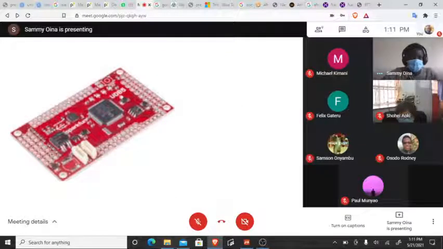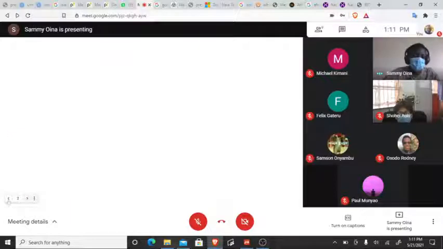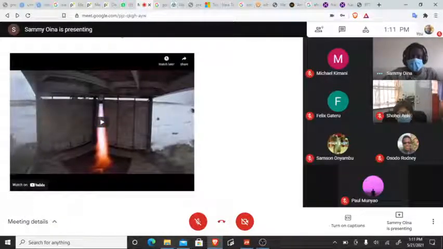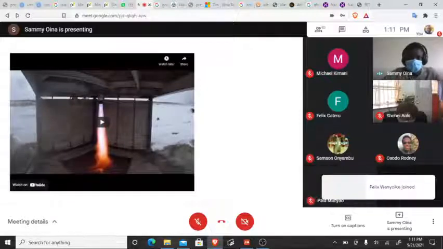Okay, so those are the examples of the systems that we could possibly implement in the N2. Now for thrust vector control, the problem for the N2 is the size of the engine as it is currently designed.